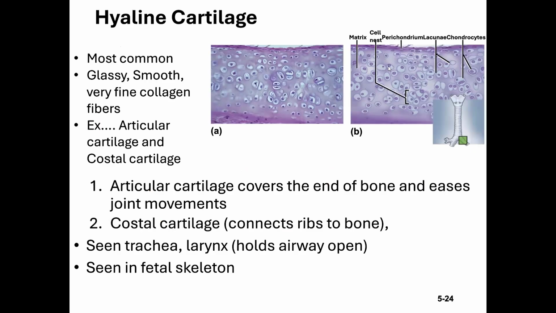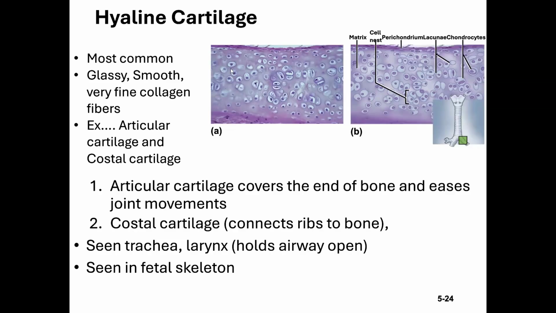These spaces where the cells reside are called lacunae. You see lacunae, and you see cells inside. What are the cartilage producing cells? Chondroblasts. Anything blast means producing.